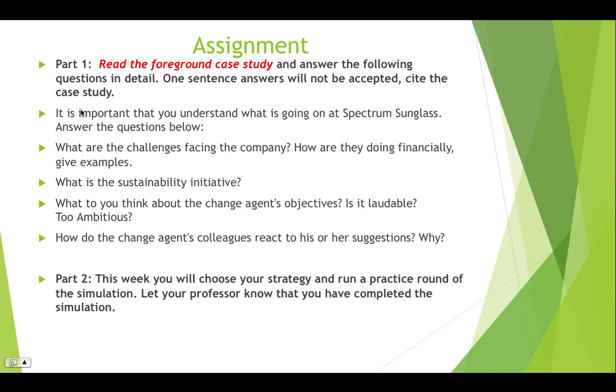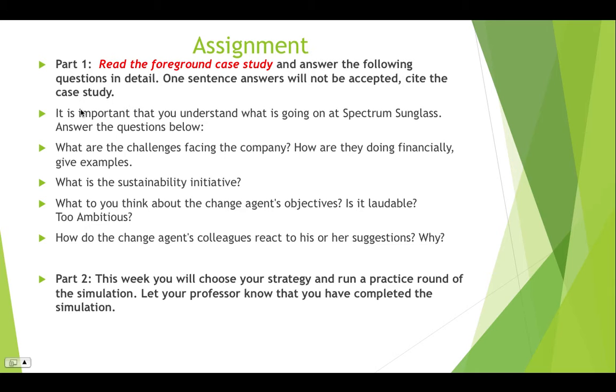And the foreground provides that detail: the brief case history of the company and some trends in the markets, which is supposed to help inform you and guide your decision making as you're completing the simulation.